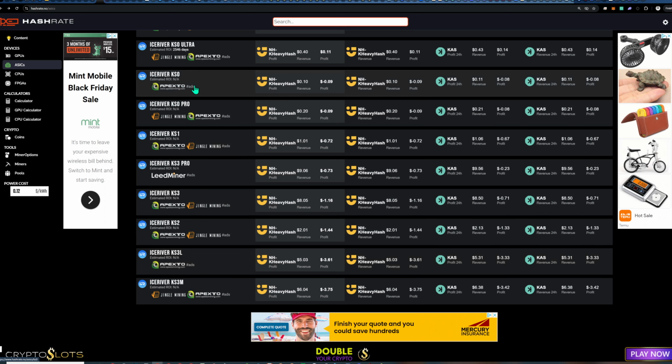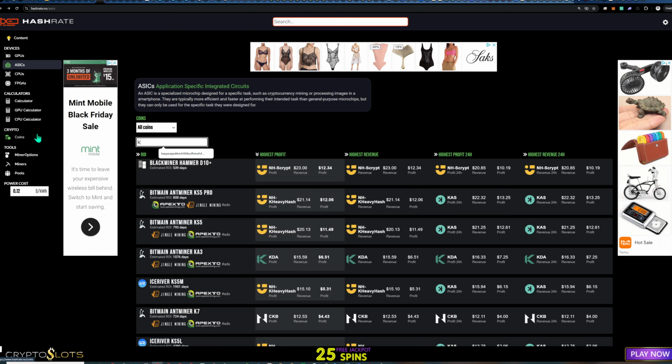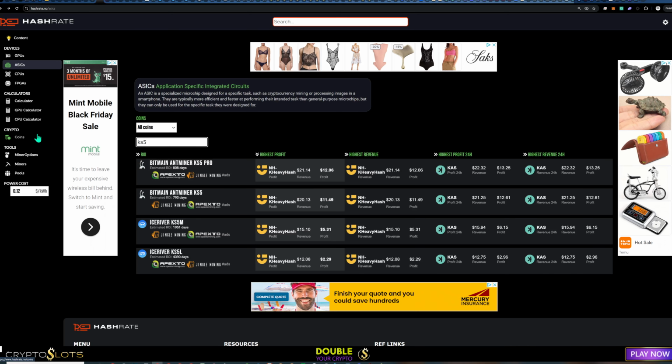for Kaspa. Obviously we have KS5 Pro, which is still alright. I mean, KS5 Pro is a very efficient miner, so it's doing pretty well on Kaspa. It's double of KS5M. Now the price of it is still probably almost double, I think, for KS5 Pro if you're buying it.